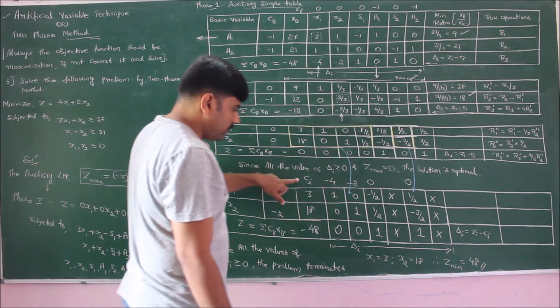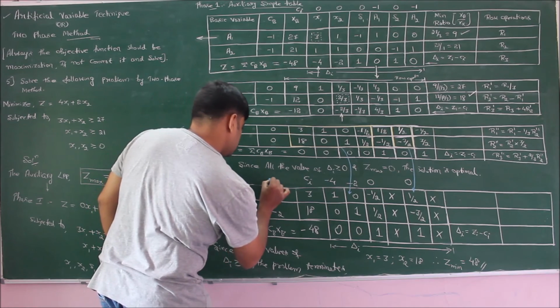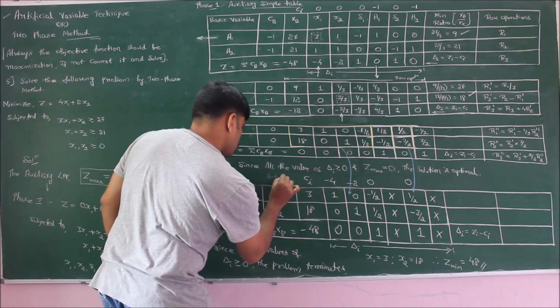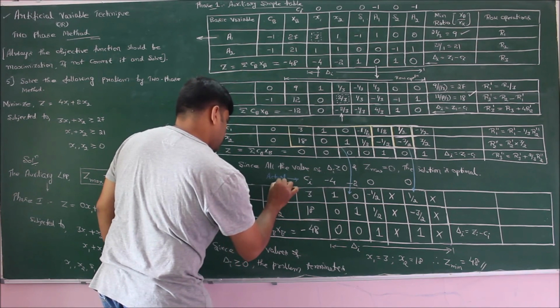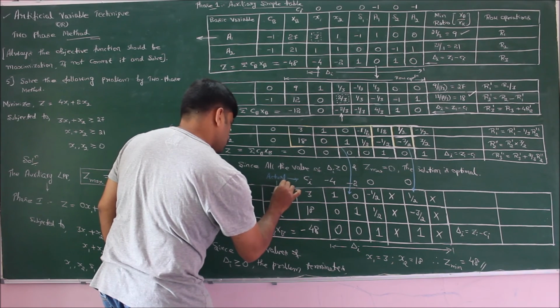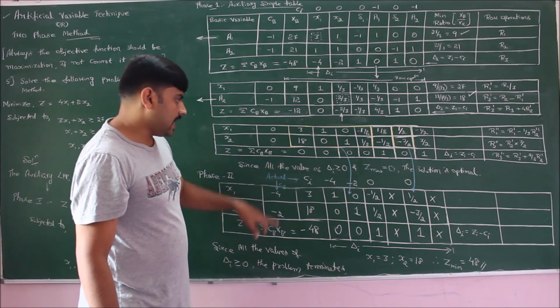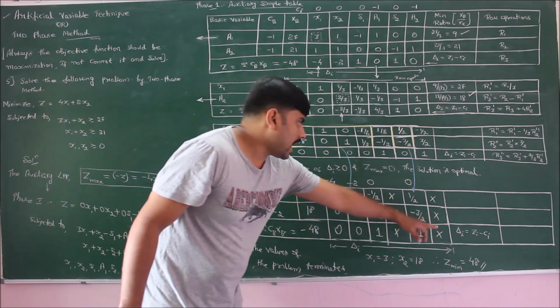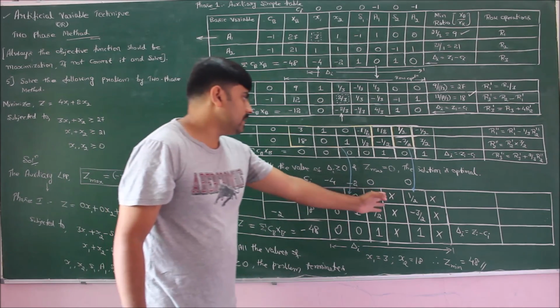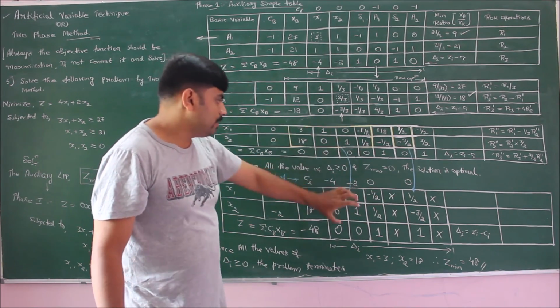So plus 48, x1 is equal to 3, x2 is equal to 18 is the answer for this problem. So here we have used actual Ci and we have used the actual values of Cb. So we should use actual Ci and actual Cb and calculate the actual delta I by eliminating the artificial variables. Remaining thing should be copied from the previous step.